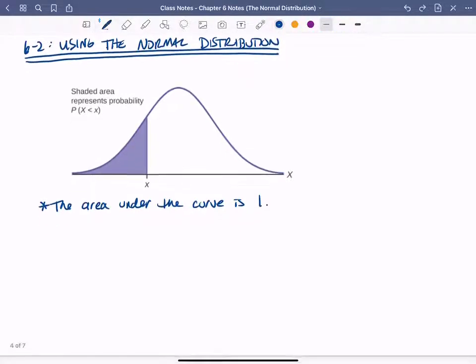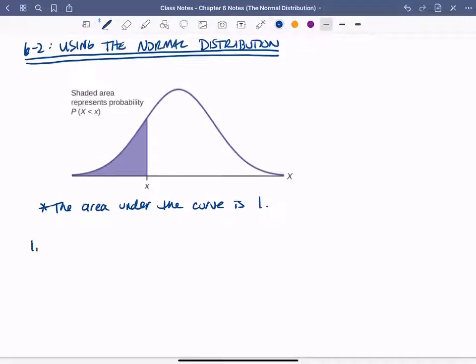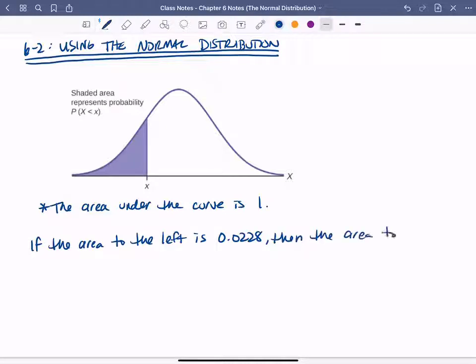So let's talk about that a little more. So if the area to the left is, let's say, 0.0228, then the area to the right is, well, think about it.